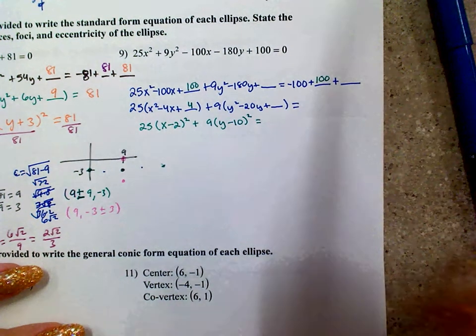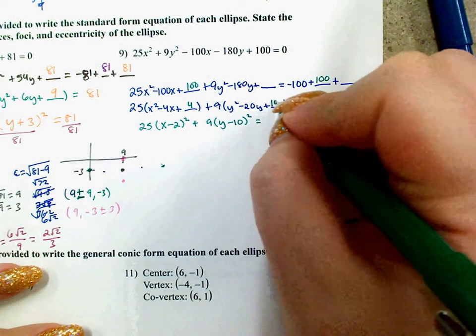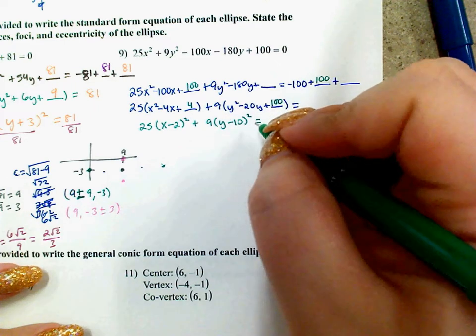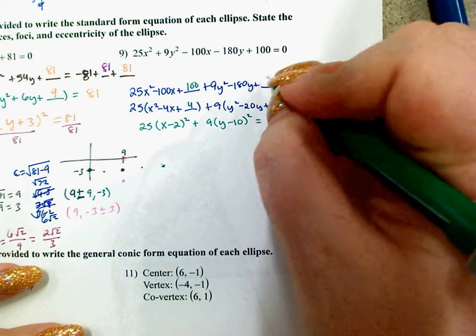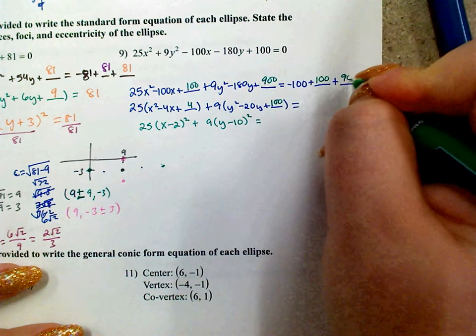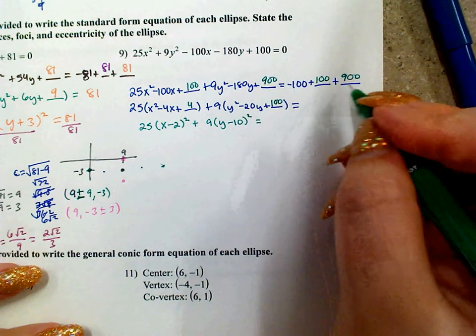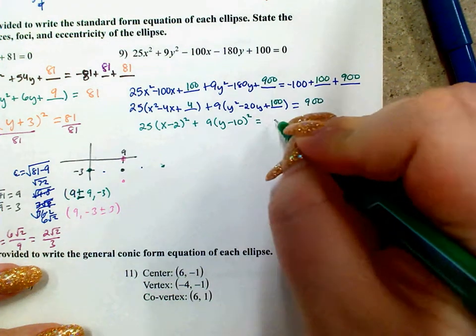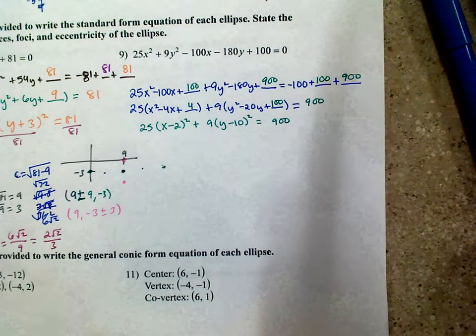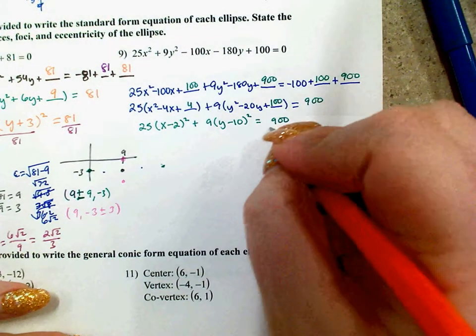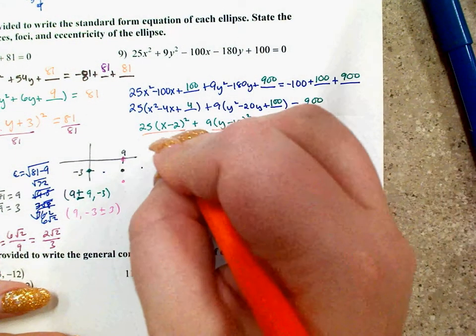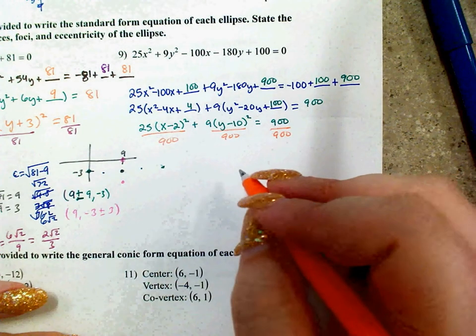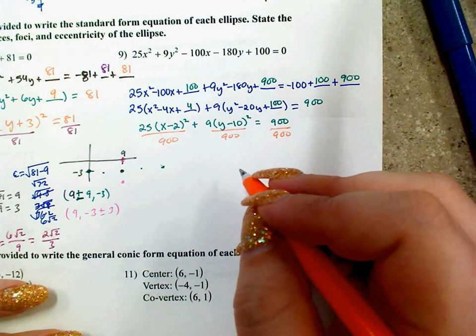So then 100. And because negative 10 squared is 100, we're actually adding 900. And negative 100 plus 100 plus 900 is 900. So then we divide everything by 900. And then we simplify. So 25 goes into 900... let's see, 4 times 9, 36 times.